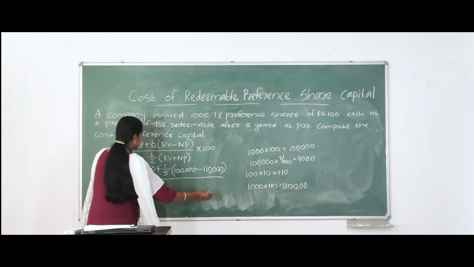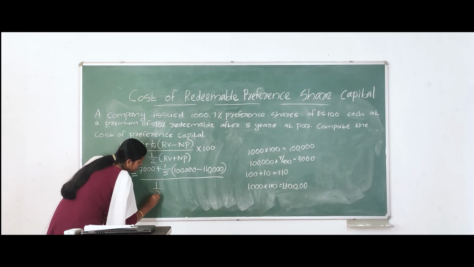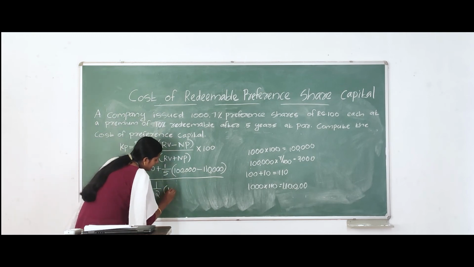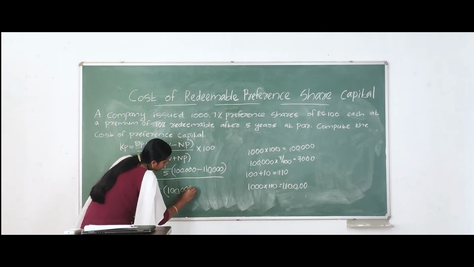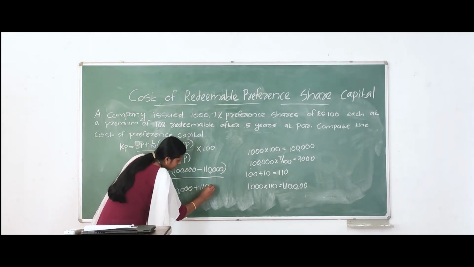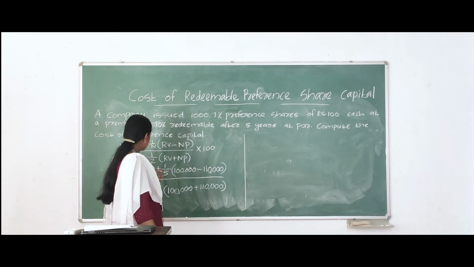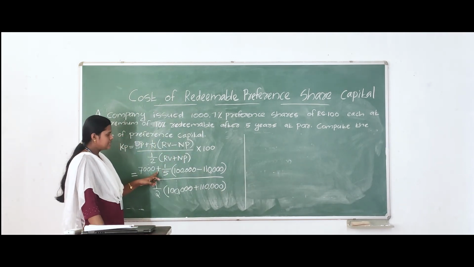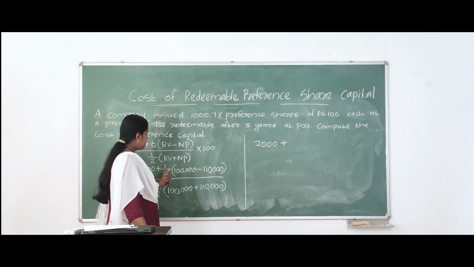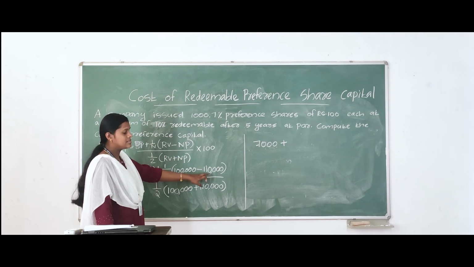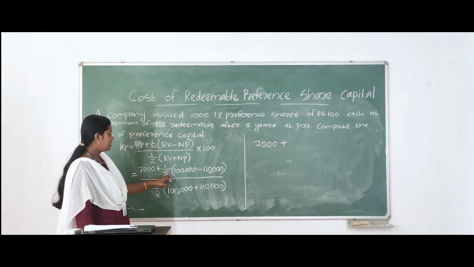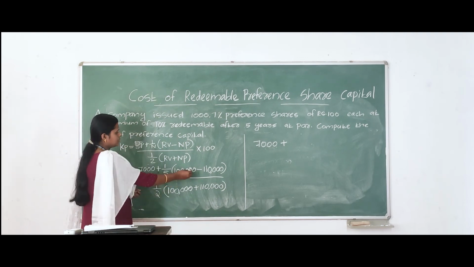Divided by 1 by 2, average of Rv. We have already calculated the value, that is 1 lakh, plus Np. Np, net proceeds, is 1,10,000. So 7,000 plus 1 by 5 of 1 lakh minus 1,10,000, that is minus 10,000. 10,000 into 1 by 5, that is minus 2,000.